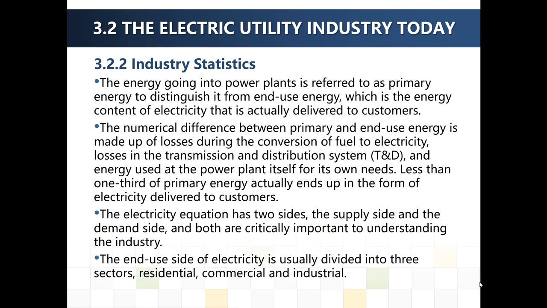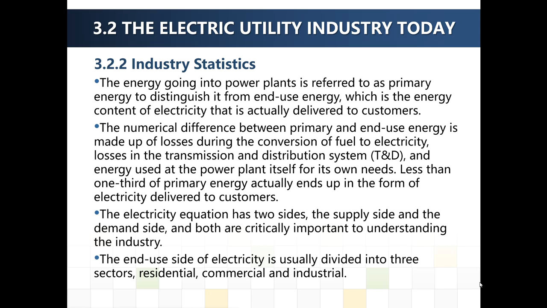The numerical difference between primary and end-use energy is made up of losses during the conversion of fuel to electricity, losses in the transmission and distribution system, and energy used at the power plant itself for its own needs. Less than 1/3 of primary energy actually ends up in the form of electricity delivered to customers, which implies that 2/3 of the energy has been wasted during the conversion process.